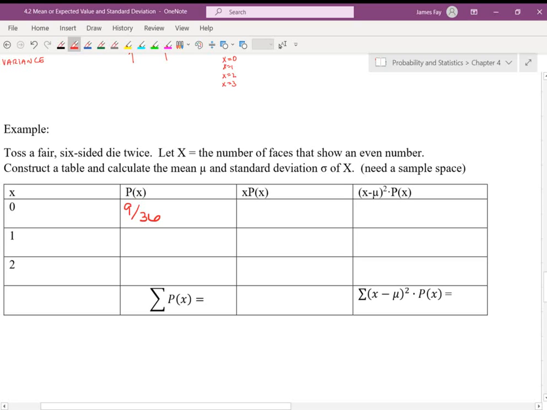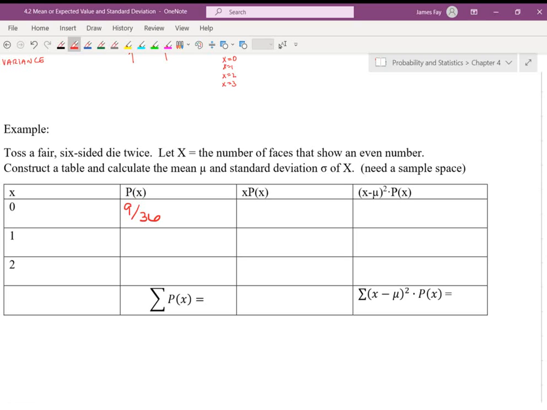Now, we could continue to look at the other discrete random variables with that table, but let's use some of our knowledge about probabilities. If I roll 2 dice, and I can get no even numbers to show up, and it was 9 out of 36, what do you think the probability of no odd numbers to show up?